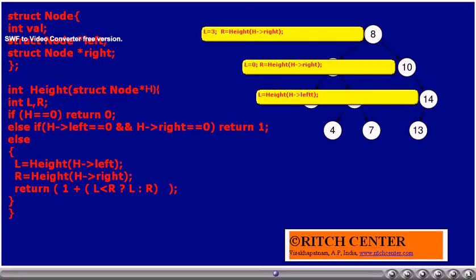Now, the address of the node whose value is 14 will be the argument for this recursive call. Again, the statement L is equal to height h arrow left will be executed to find out the left subtree height. We find that its left subtree is a leaf node, thus it returns 1, thus L value becomes 1.